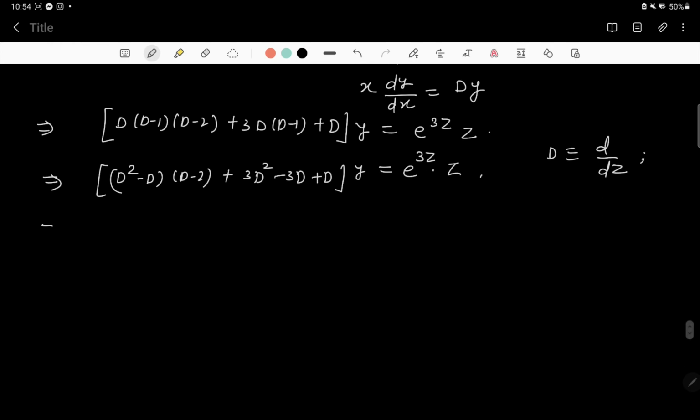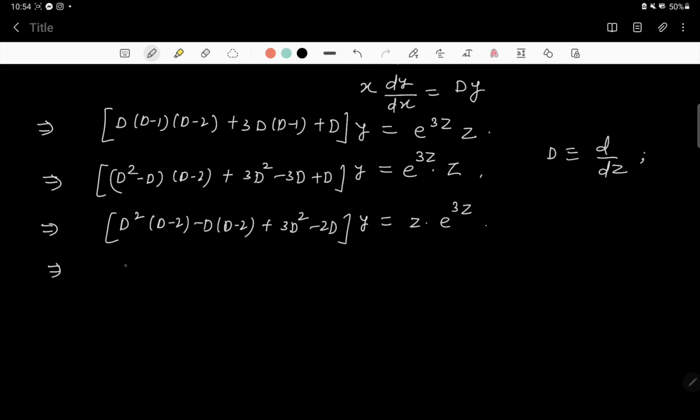So now further solving, we get D square into (D minus 2) minus D minus 2 plus 3D square minus 2D into y is equal to z of exponential 3z. So what will be D cube minus 2D square minus D square plus 2D plus 3D square minus 2D of y equal to z exponential 3z.